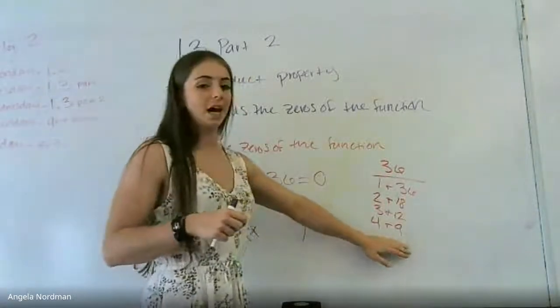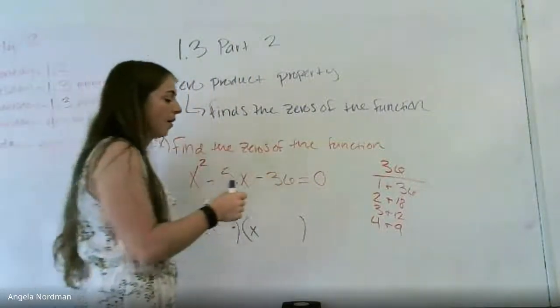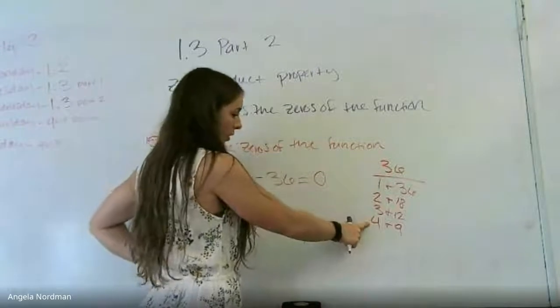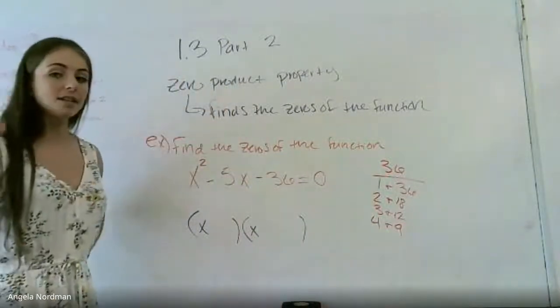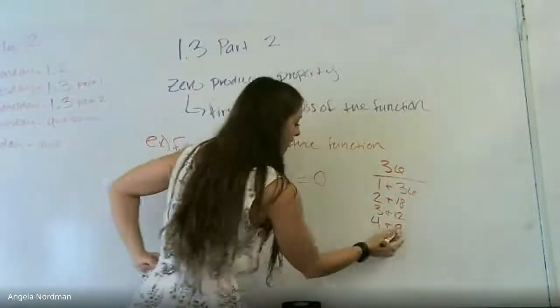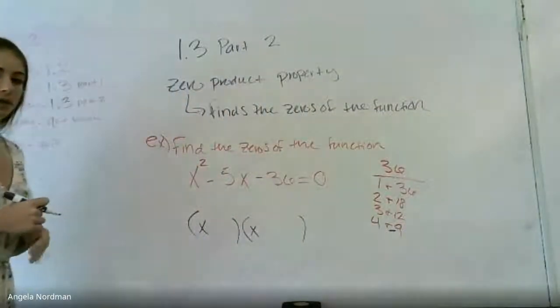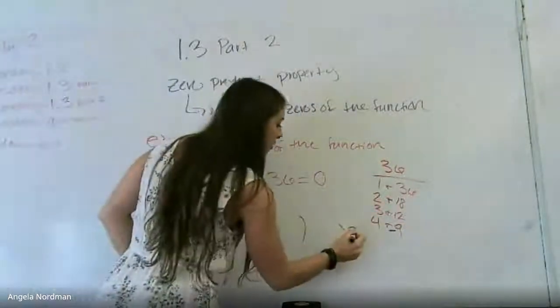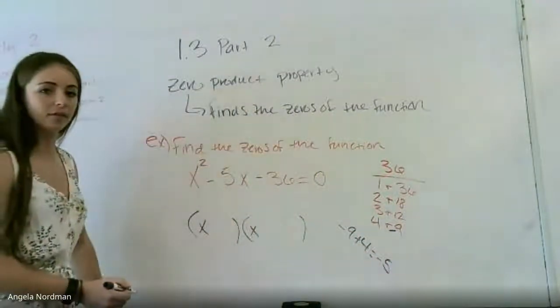What about 4 and 9 though? If I have a negative 4 plus positive 9, that gets me to positive 5. So what if I make this 9 negative? Then I have a negative 9 plus positive 4. That's going to get me to negative 5.